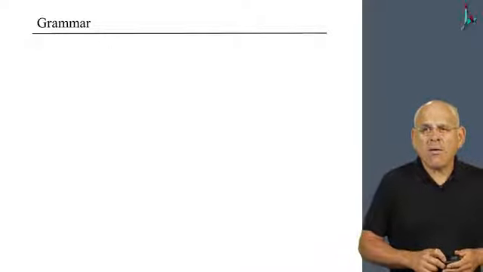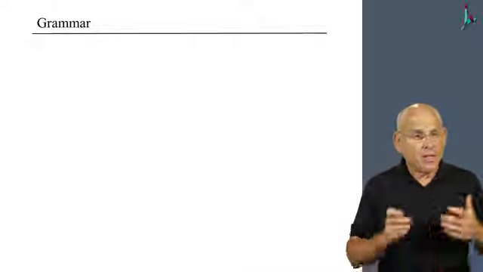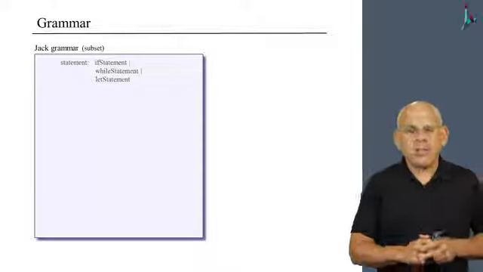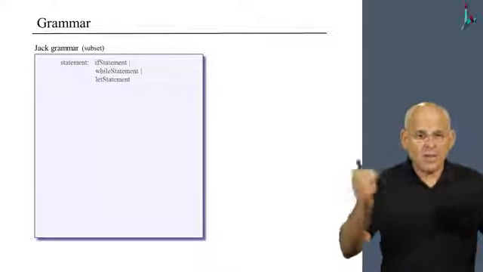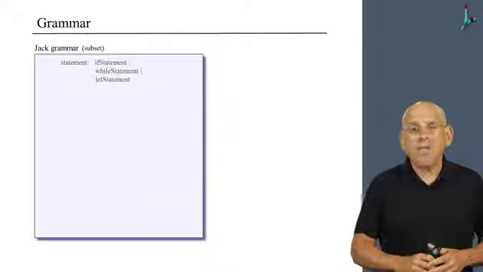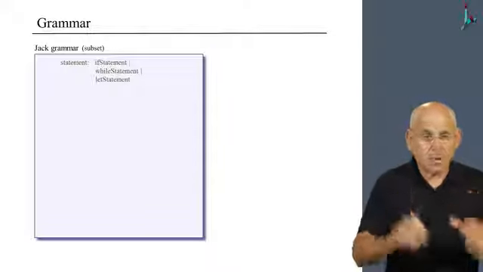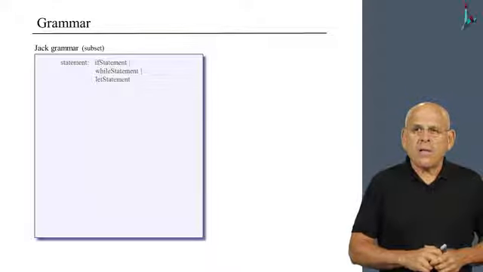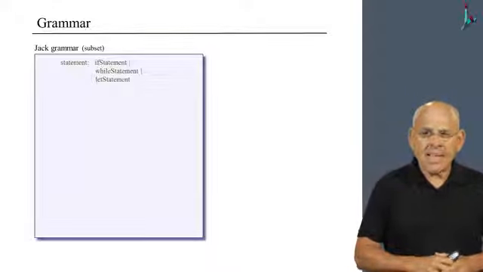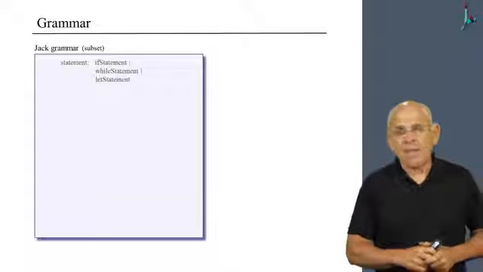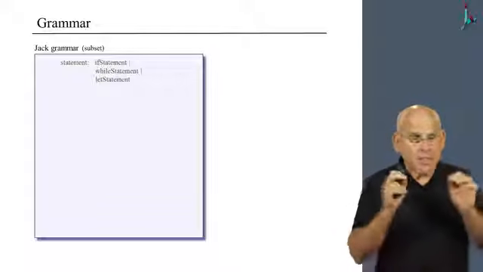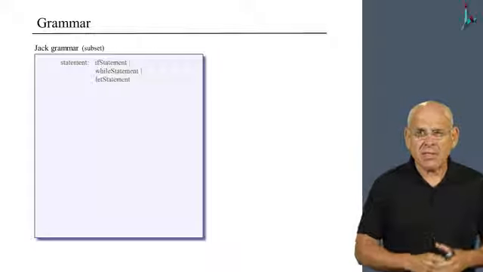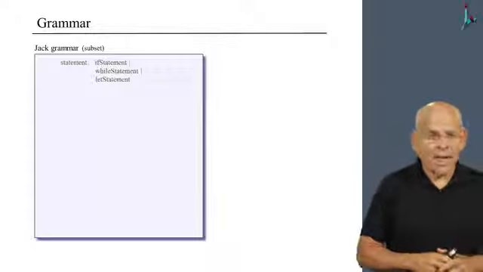All right, now let us shift our attention to the Jack grammar, because after all, this course is not about computational linguistics in general. It is about compilation, or at least this module is about compilation. So a Jack program is a set of statements. And I want to focus on a subset of the Jack language in which we have three possible statements: if, while, and let.